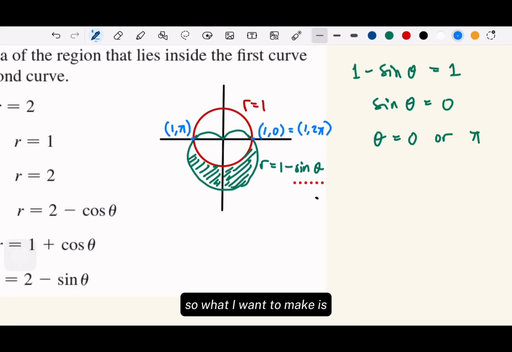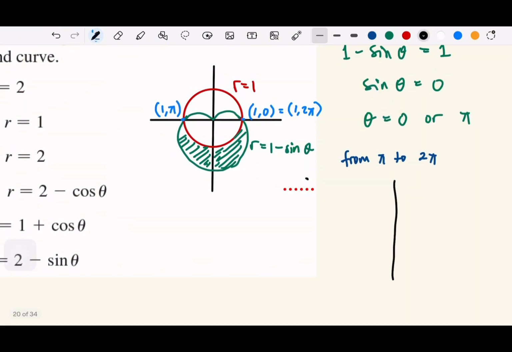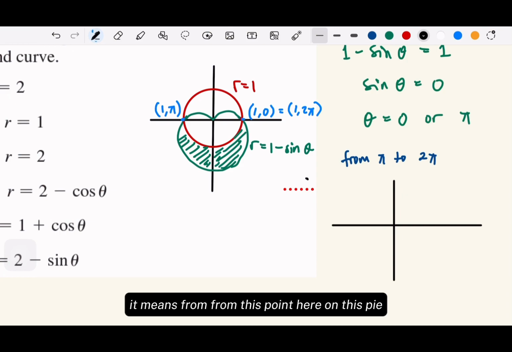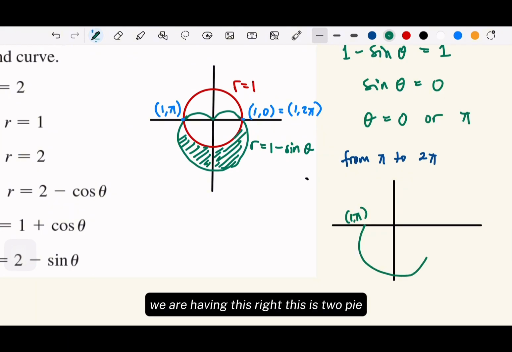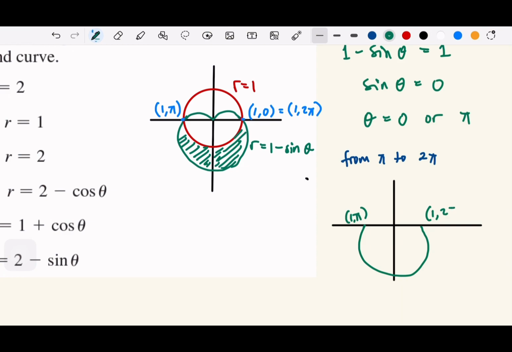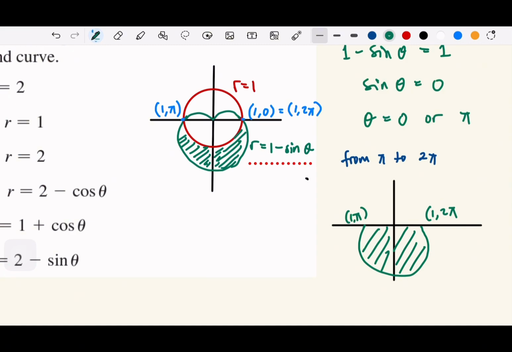From pi to 2 pi, from this point here, we are having this, and this is 2 pi. We know this one using the cardioid, right?